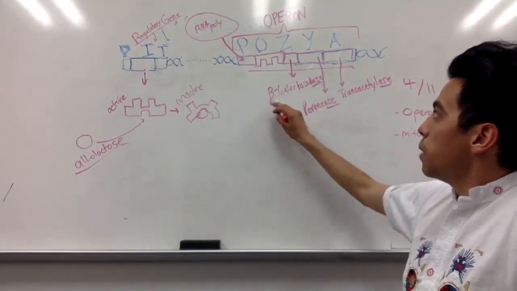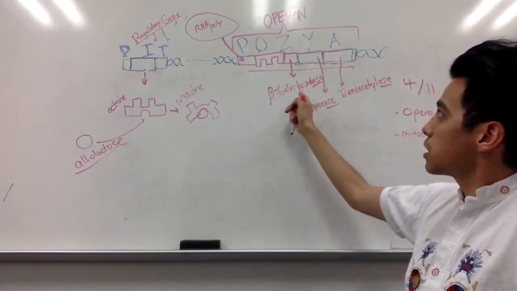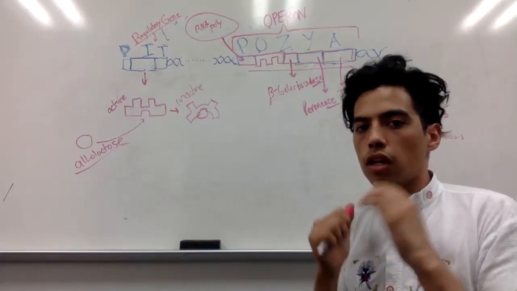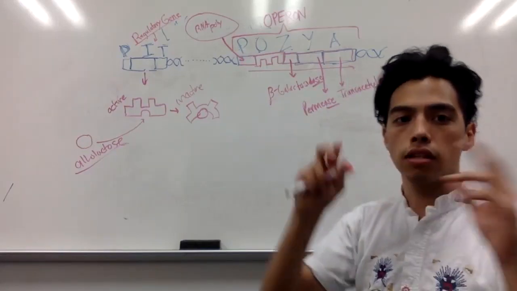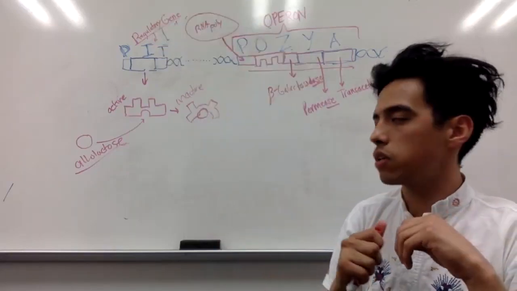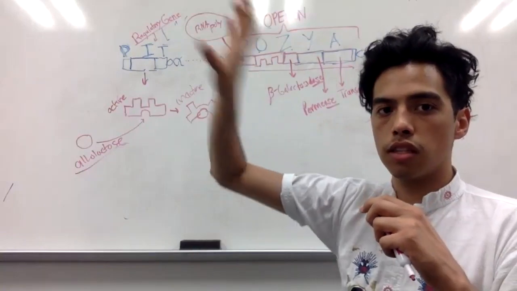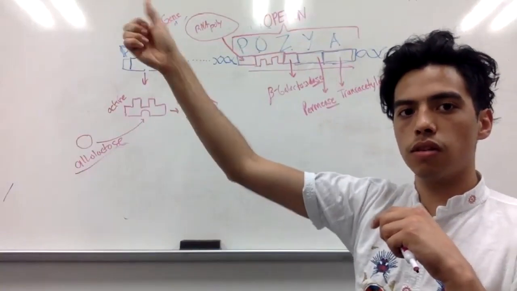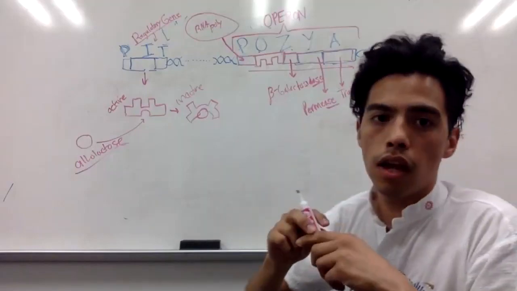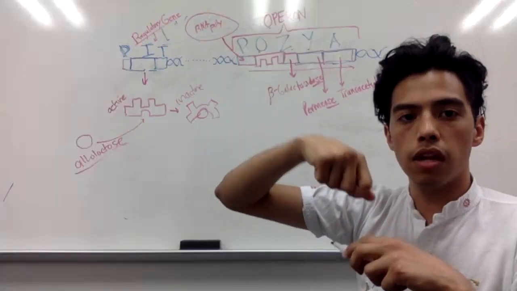This one right here is beta-galactosidase. This enzyme is going to be responsible for breaking down the lactose that's introduced from the outside. But before that can happen, we need to bring this lactose molecule that's outside the cell into the cell, right? So that's where permease comes in, and permease helps lactose that's outside the cell come in.